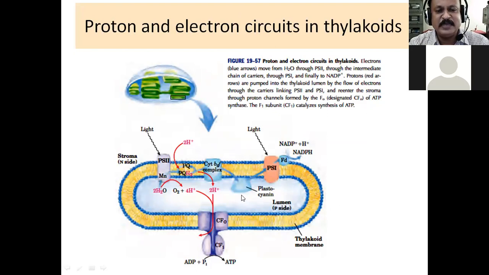Okay, we have already seen that if NADPH is there already, okay, there is enough supply of NADPH, and there is lesser supply of ATP, then what will happen is the electron which is actually taken from the cytochrome B6F complex to the photosystem 1, that electron will not be given to photosystem 1, but it will come back to photosystem 2.